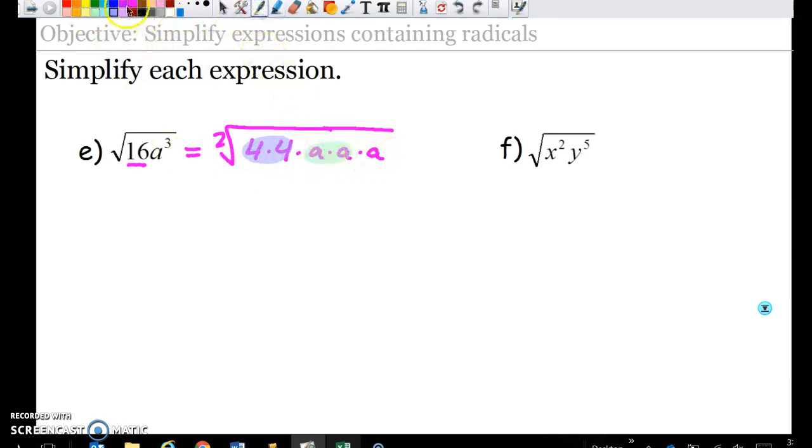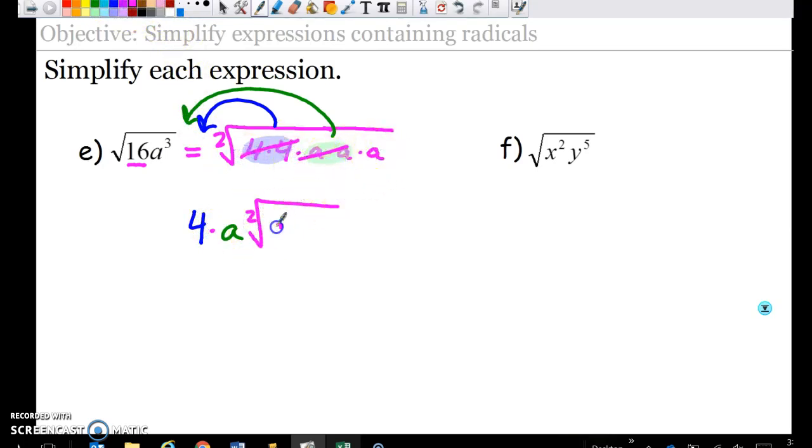Notice the third a gets left behind. So now I have a 4 that gets pulled out, and I have an a that gets pulled out. And what do I do with those? Multiply them. Square root of what's left inside? Just the a. So I have 4a times the square root of a. And that would be my answer.